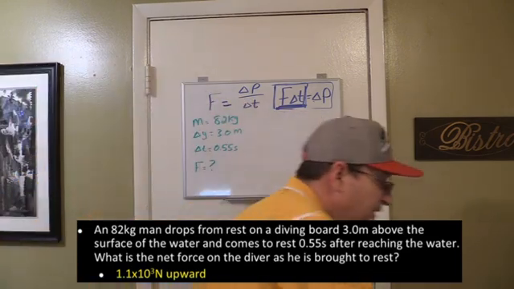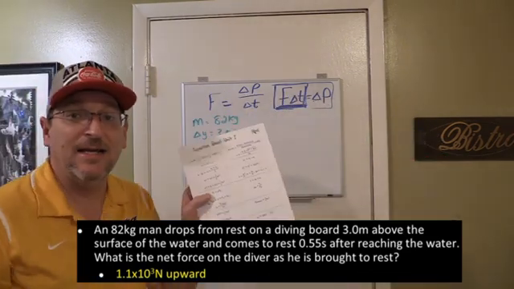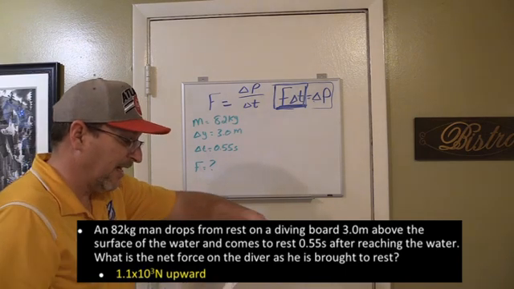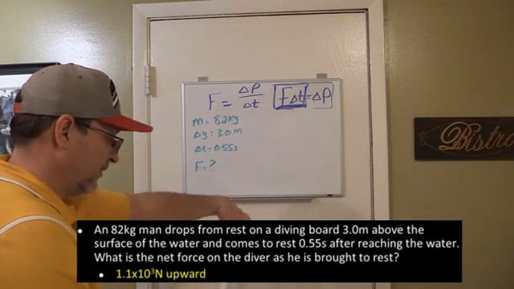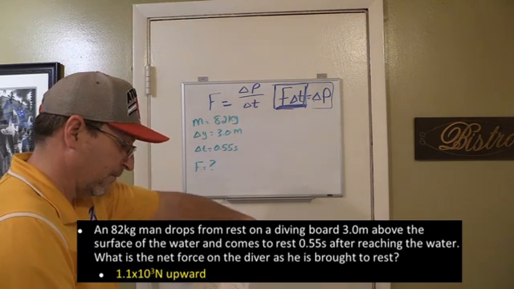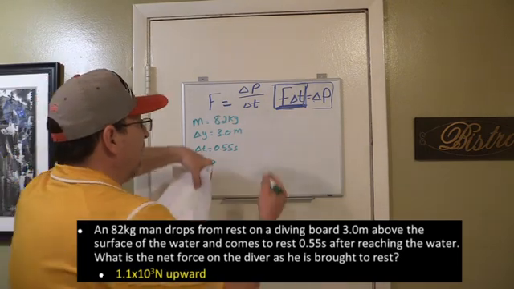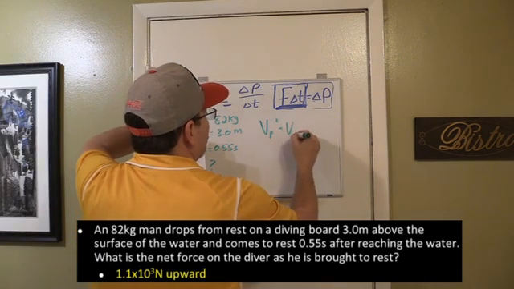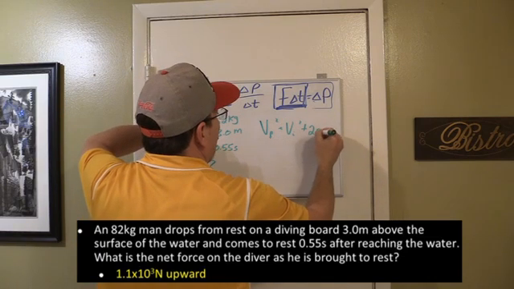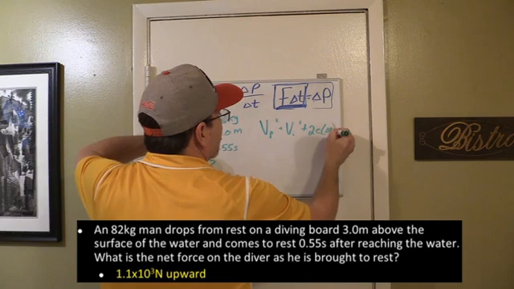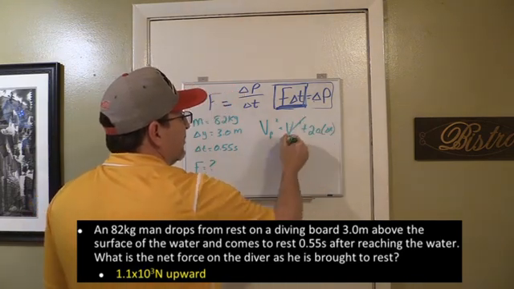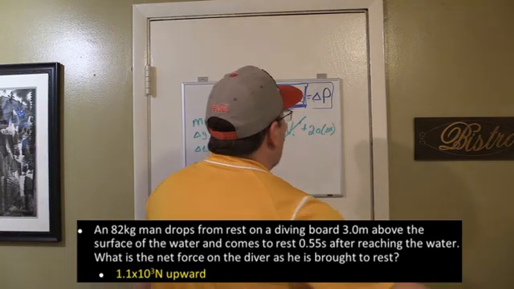All right, I'm going to grab my handy-dandy equation sheet, and I need to know my initial velocity. I think I'm going to use this one: v sub f squared equals v sub i squared plus 2a delta x. I know my initial velocity is 0, so that drops out.